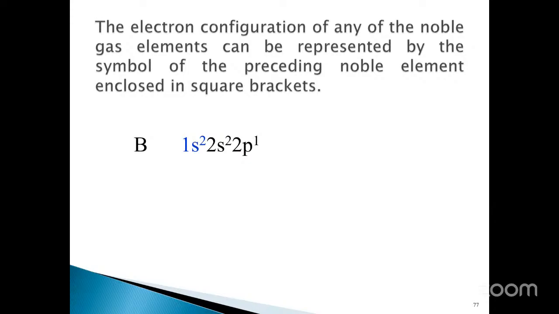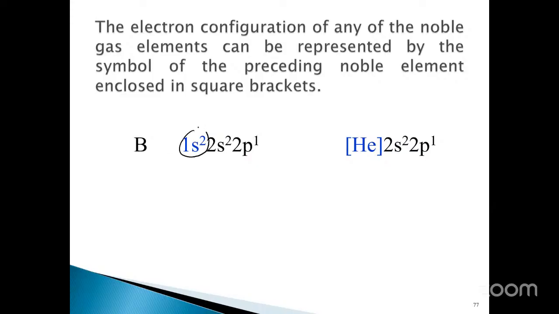So this is the full electron configuration of boron. If I were to write down the abbreviated version, what I would do first is look for the group 8 element that immediately precedes boron. So boron is there, atomic number 5, and the group 8 element that comes before boron is helium, right? Helium has the electronic configuration, which is colored blue right here.